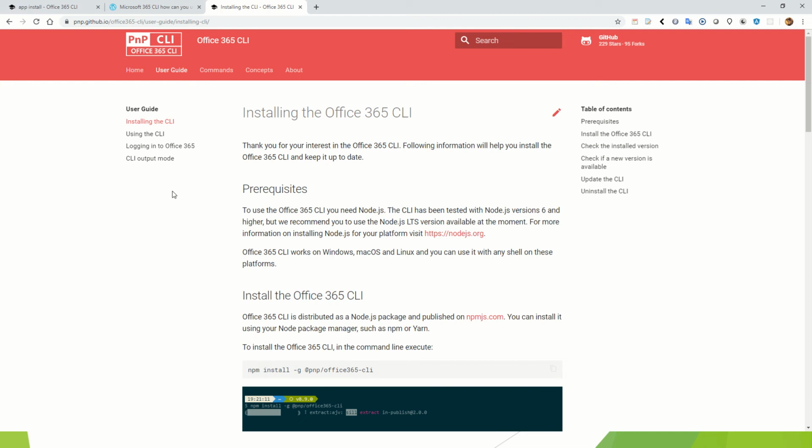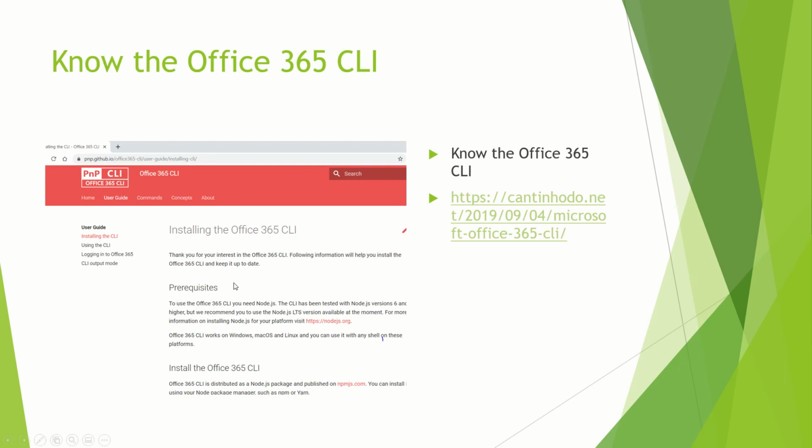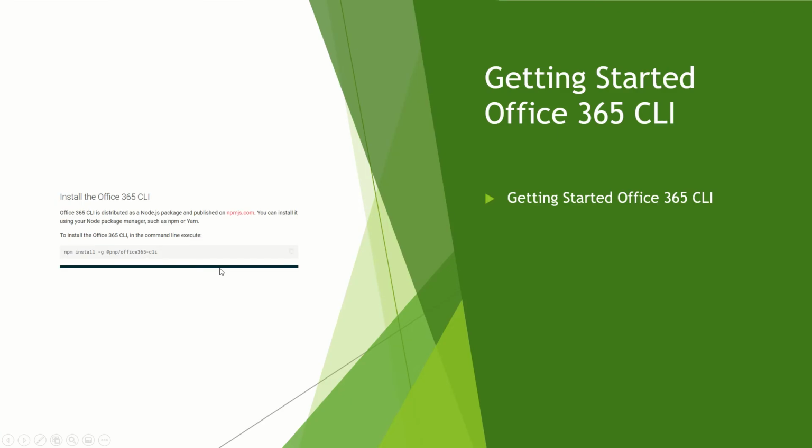Now, the way to install it is simple. It's a package in Node, so it's npm install, and the package is @pnp/office365-cli. If you have doubts, I will install it right now with you in this video.